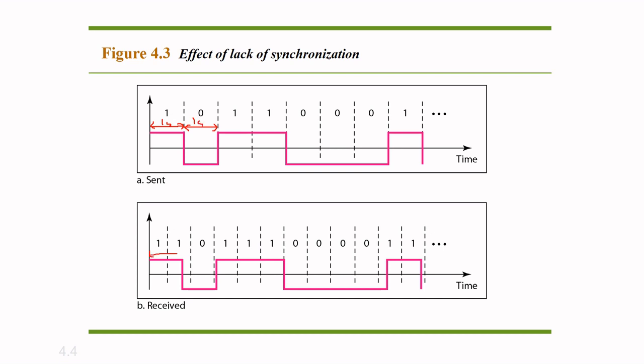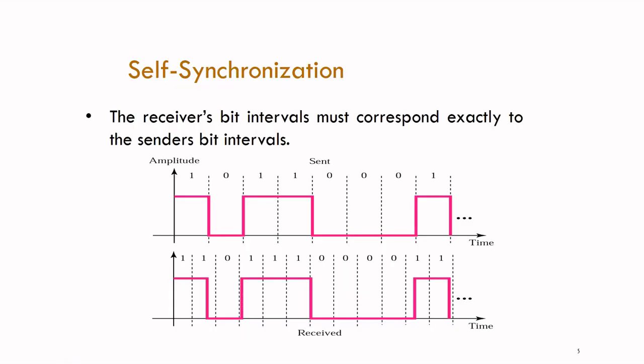If that's not the case, the receiver may misinterpret data. So the sender's clock and the receiver's clock must match. You can send out this synchronization information separately along with the signal, or the signal itself can be self-synchronizing.